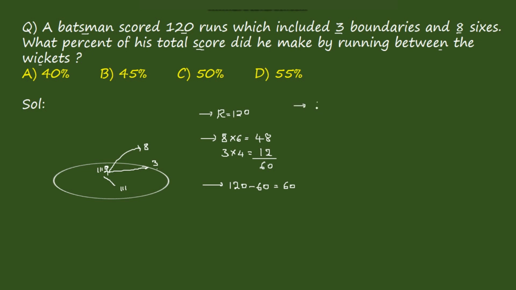It becomes 60 by 120 into 100. 0, 0 get cancelled. 1 side goes by 2 side. Again it goes by 50 side, which is equal to 50%. So 50% of his runs is due to running between the wickets. So the answer is option C.